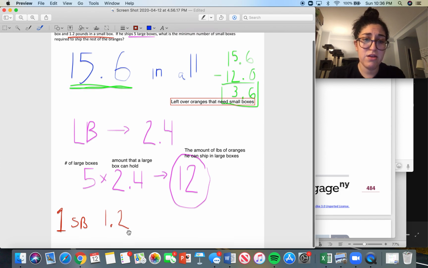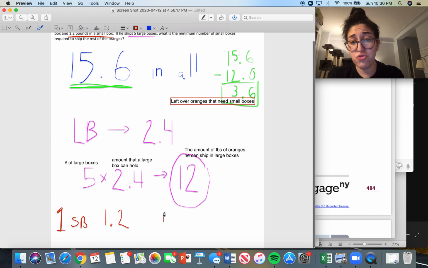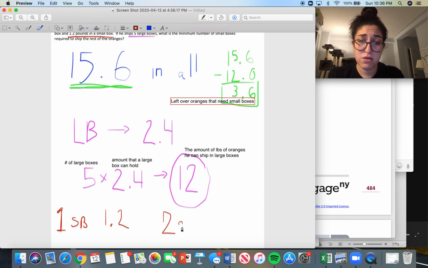If I had 2 small boxes, then that would be 1.2 pounds and another 1.2 pounds, which would be 2.4 pounds, right? 1.2 plus another 1.2 would be 2.4.